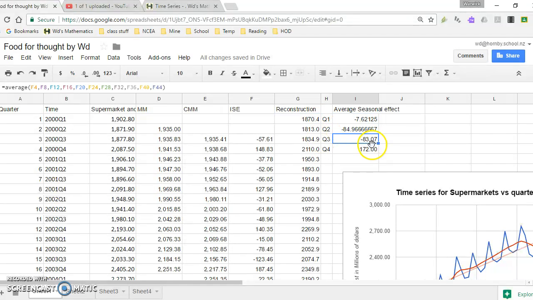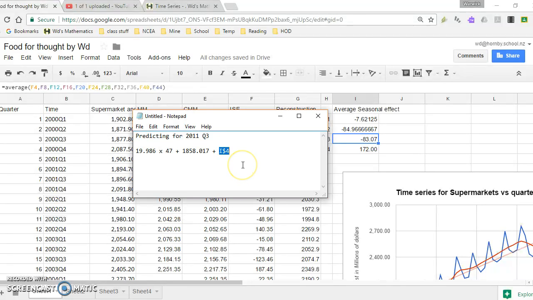Quarter 3, it's going to be negative 83.07. So I'll put that in instead of plus that. That'll be minus. I could put plus or negative, but I just like to put minus 83.07.